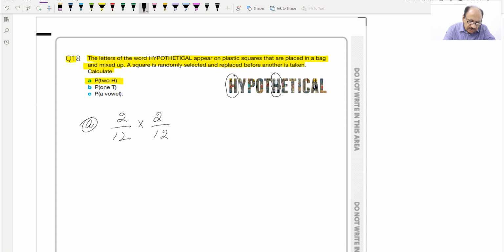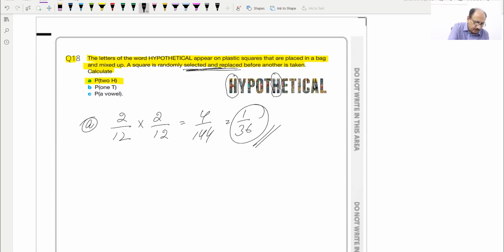Randomly selected and replaced means the probability remains the same for both. So that's why we have taken 2 by 12 for both cases, and this will be multiplied. It will be 4 over 144, which we can simplify as 1 over 36. This will be the probability for A part.